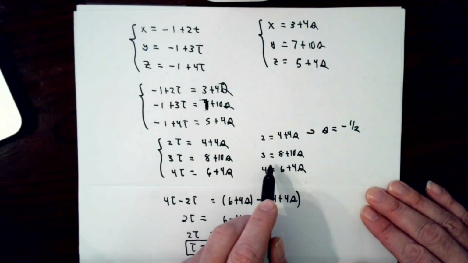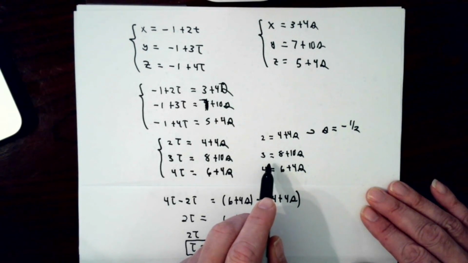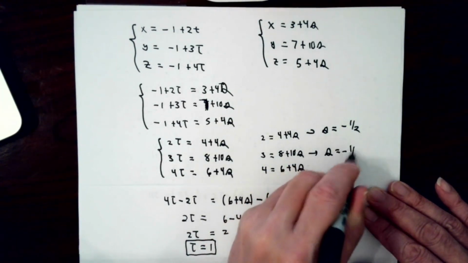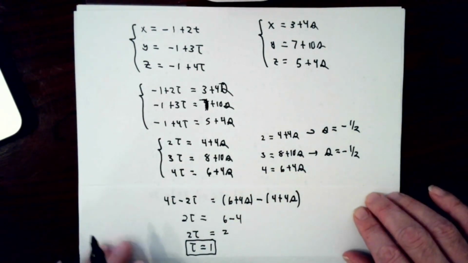This equation says that 3 needs to equal 8 plus 10s, so negative 5 needs to equal 10 times s, so s equals negative 5 divided by 10, s needs to be negative 1/2.